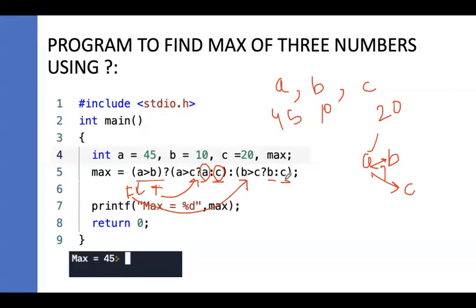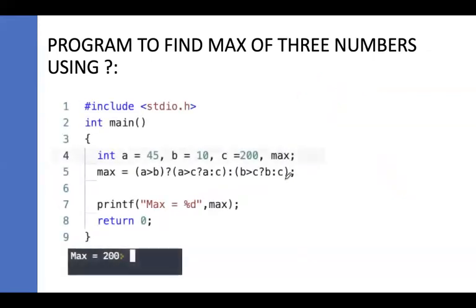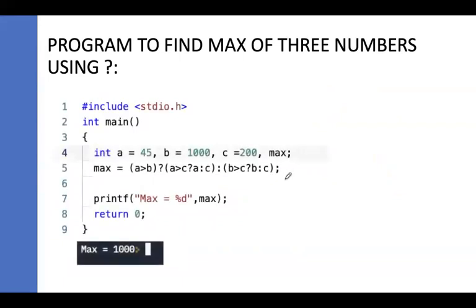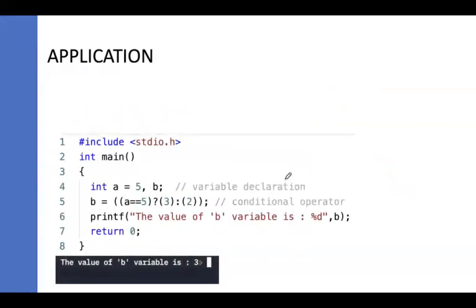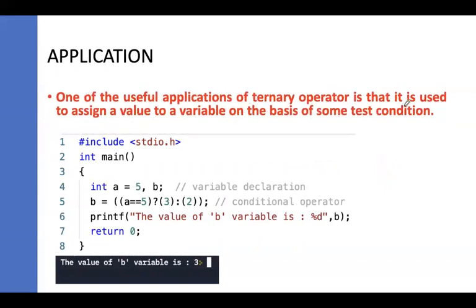Due to the very easy syntax of the ternary operator, it has got one beautiful application. It is used to assign a value to a variable on the basis of some test condition. For example, over here, you can write like this.